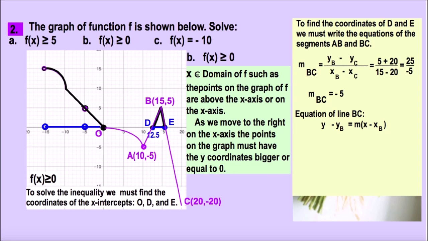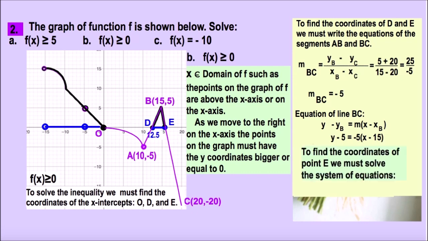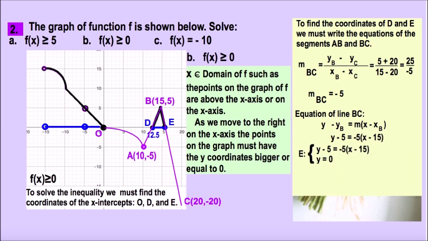The equation of line BC is y minus YB equals slope times the quantity x minus xb. Y minus 5 equals negative 5 times the quantity x minus 15. To find the coordinates of point E, similarly, we must solve the set of equations like we did for D. Y minus 5 equals negative 5 times the quantity x minus 15, and y equals 0.